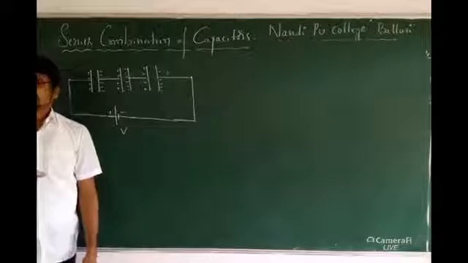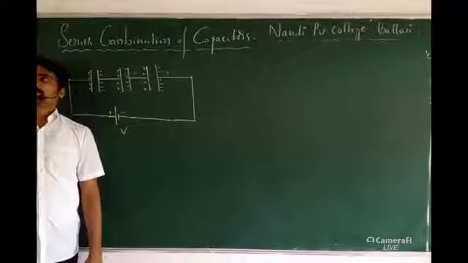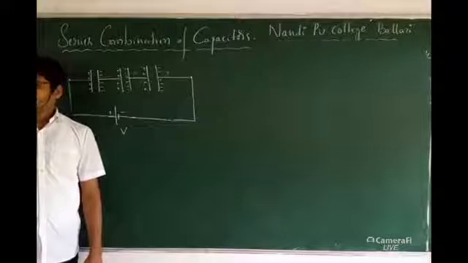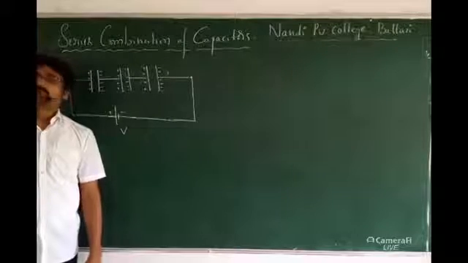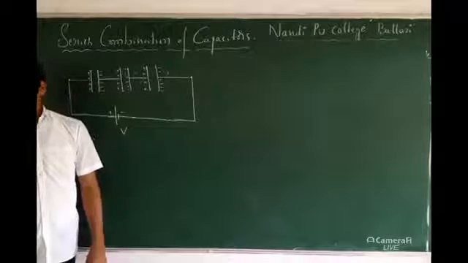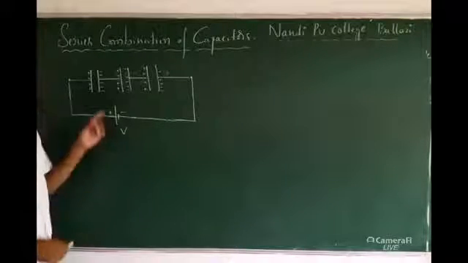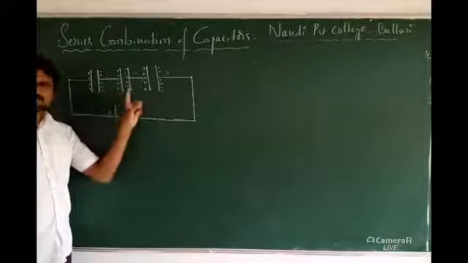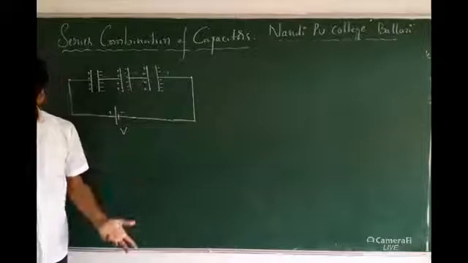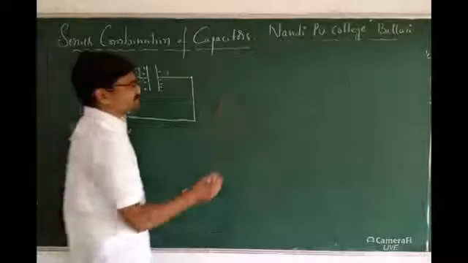Generally the question is framed as: define effective capacitance and derive the expression for the effective capacitance of a group of capacitors. What is meant by effective capacitance? The capacitance of all the 3 is the effective capacitance. So what can I write?